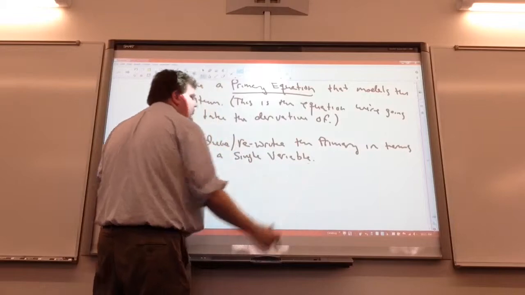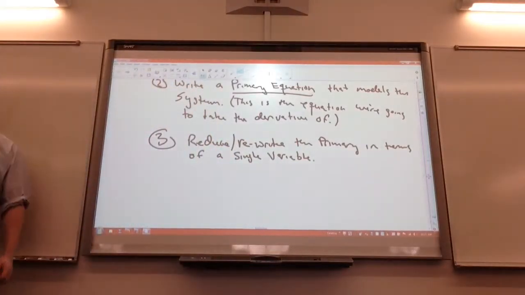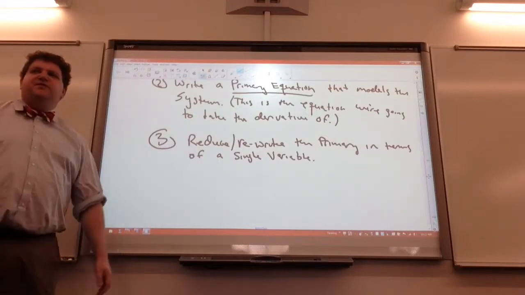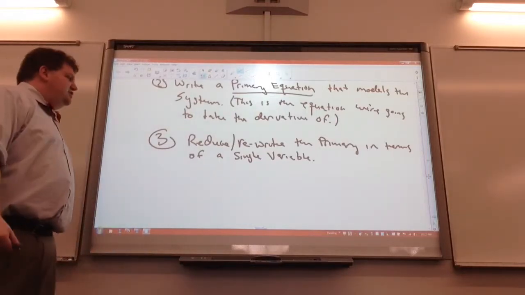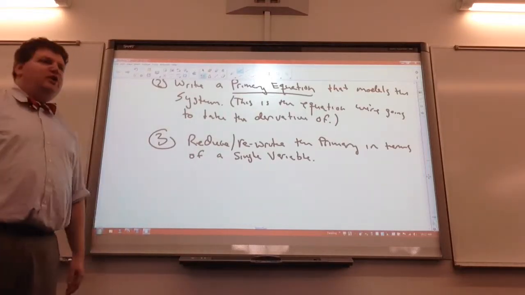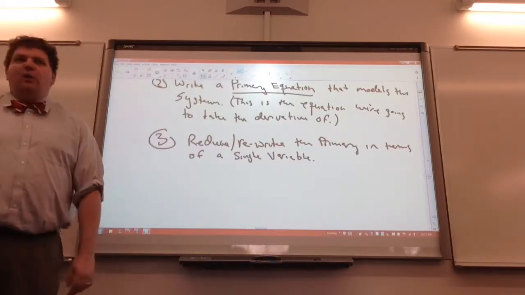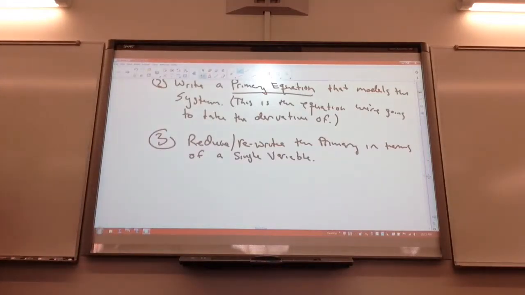If you remember, sometimes when we did related rate questions, we had to figure out what one variable was in terms of another. For an optimization question, you're always going to be doing that. You're always going to be rewriting or reducing the primary equation in terms of a single variable, which is going to be very helpful for us.